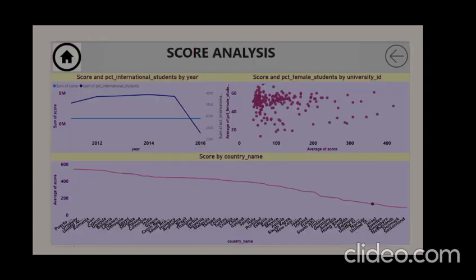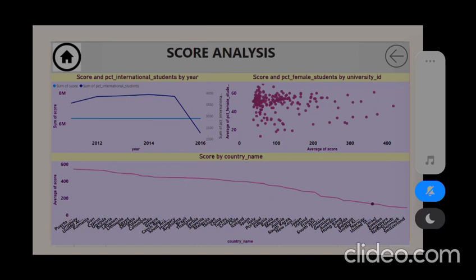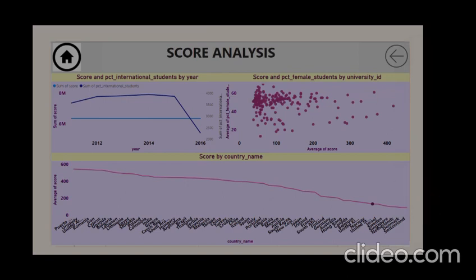Now we move towards our fifth dashboard. This dashboard is made on the basis of score analysis by the percentage of international students by year, percentage of female students by university ID and country.